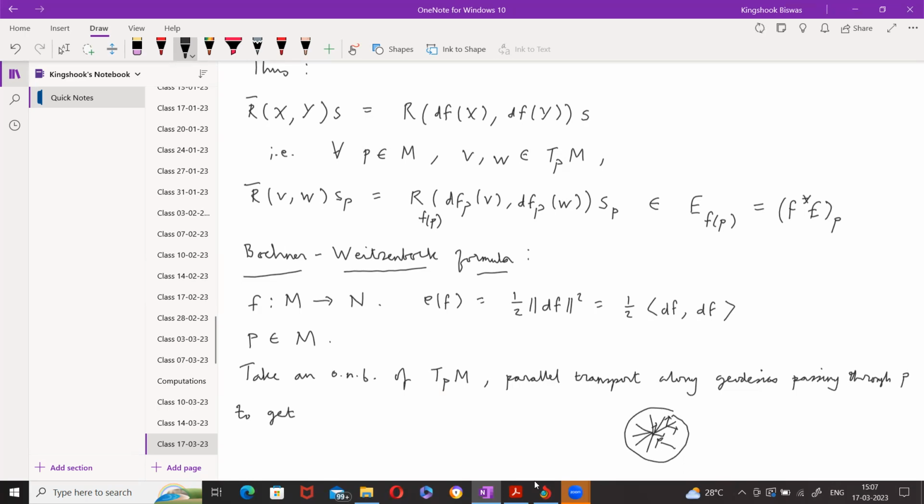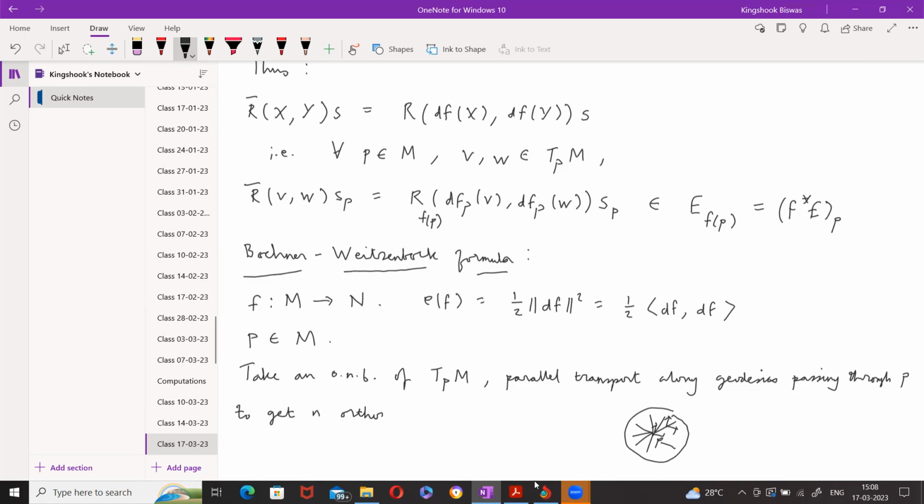This is called a local frame. Because these vector fields are orthogonal at p, and parallel transport acts by isometries, these vector fields will be orthonormal at every point in this neighborhood of p.